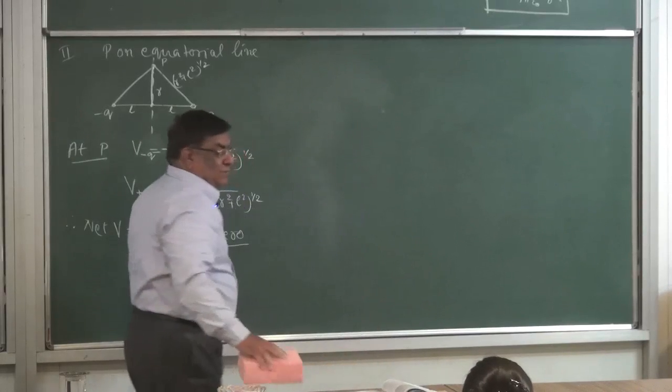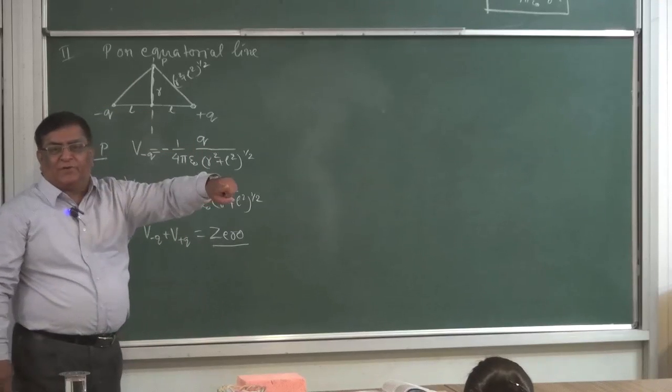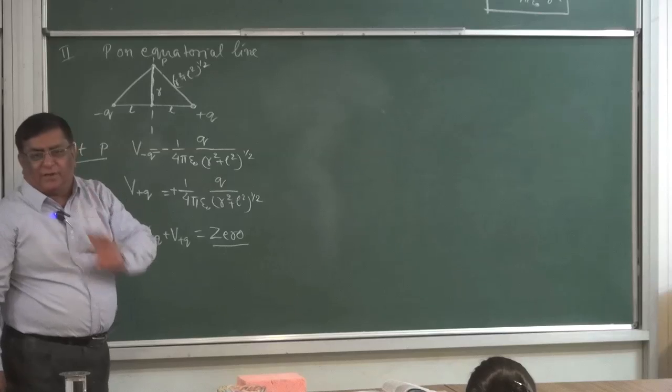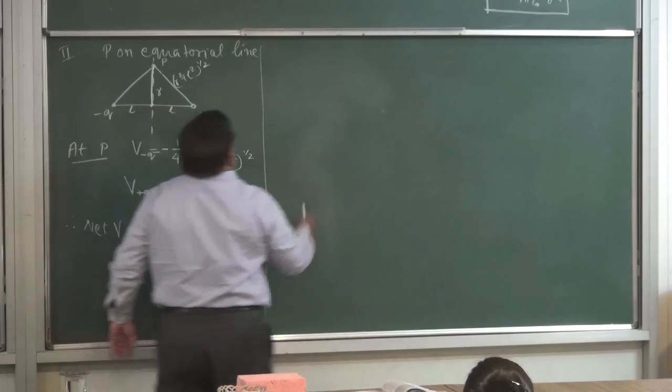Now we come to a general position of the dipole. We have done two positions, potential on the axial line and potential on the equatorial line, and now we will do potential at any general condition.